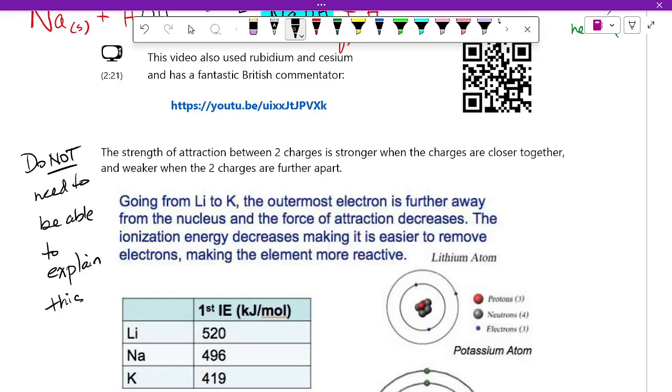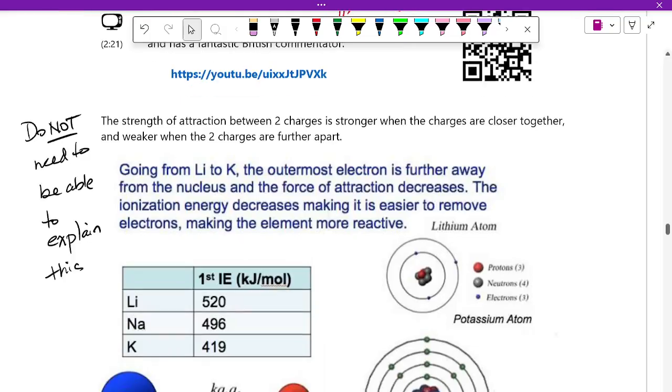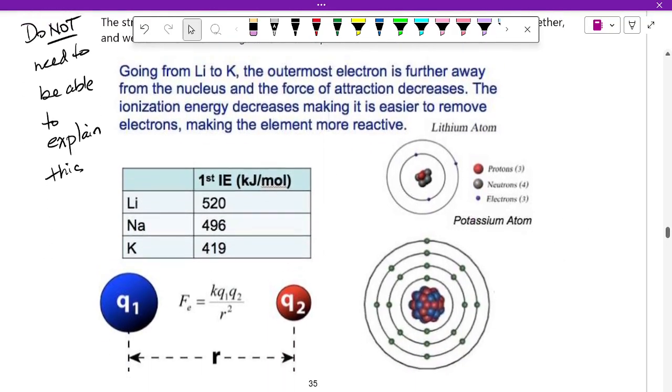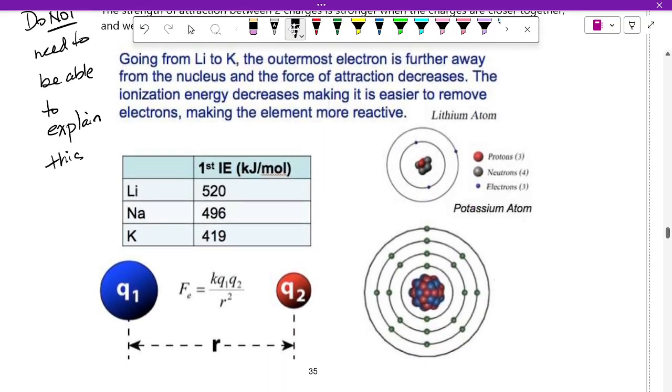As you go from lithium to sodium to potassium, here is our lithium ion, and here is our potassium ion. This is lithium. This is potassium.